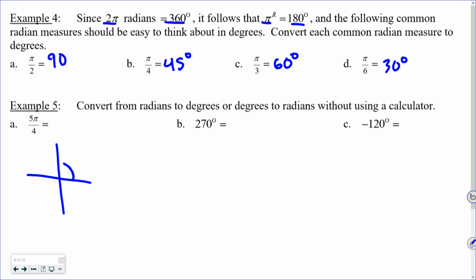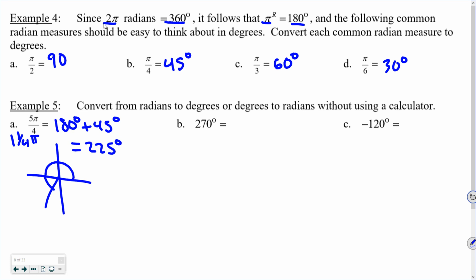So I have to go 1 pi, that's 180 degrees, plus 1/4 more. Well, 1/4 of 180, we just said, is 45 more. 180 divided by 4 is 45. So add another 45. So this would have to be altogether 225 degrees.